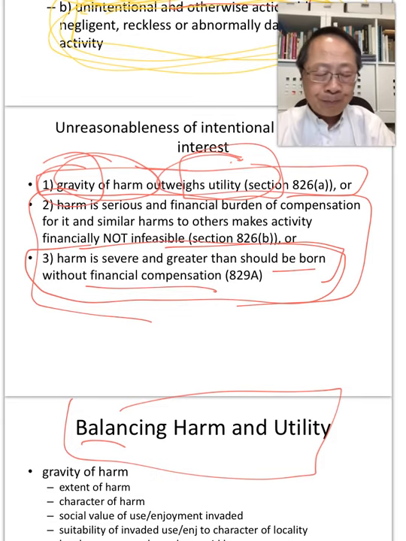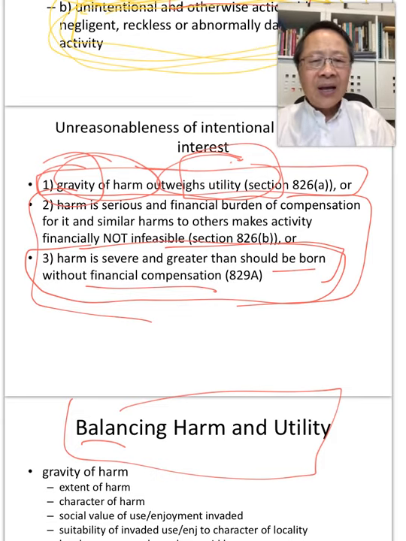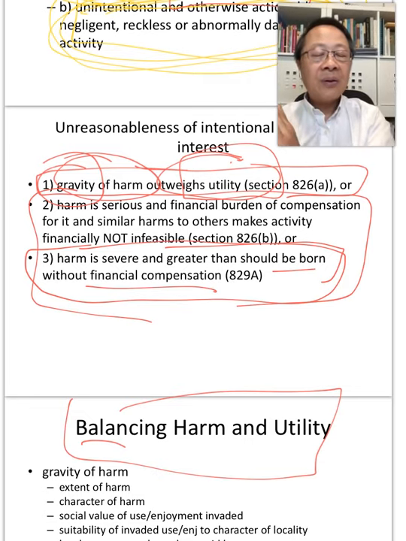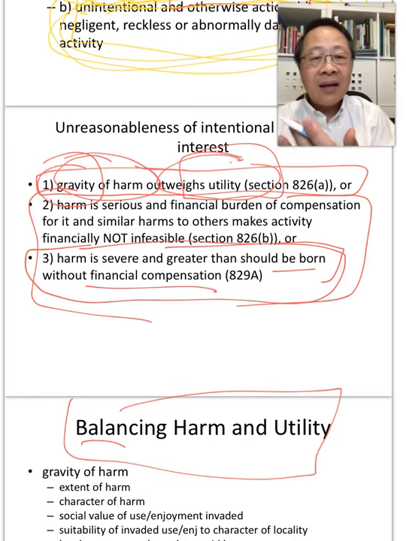If you think about that, it makes sense, right? If the harm is so severe that compensation would essentially make the factory or the activity that causes the nuisance financially infeasible, makes it impossible for the business to operate, I think one might say the business should not operate, because the harm that it causes outweighs the economic benefit that it brings.